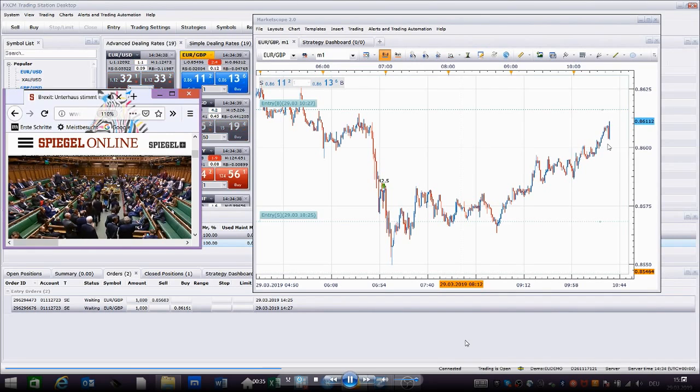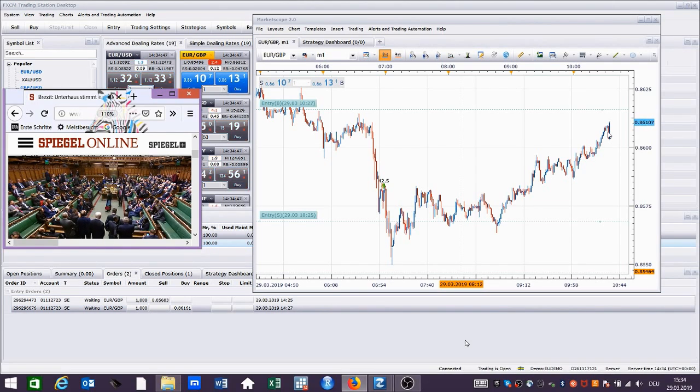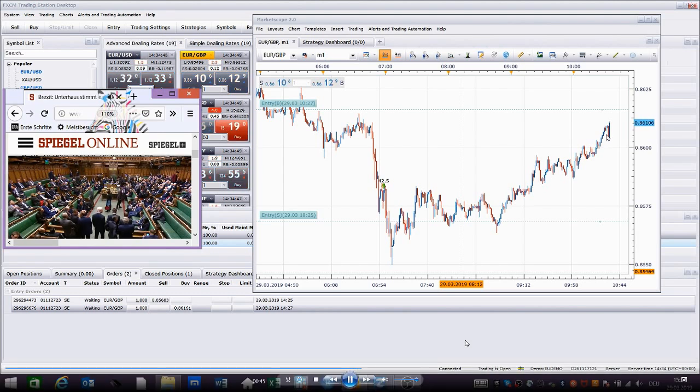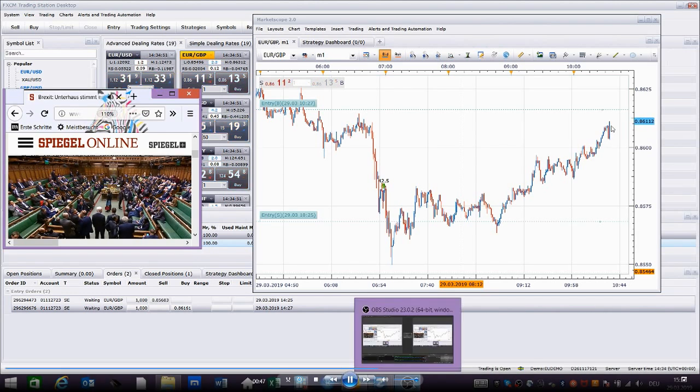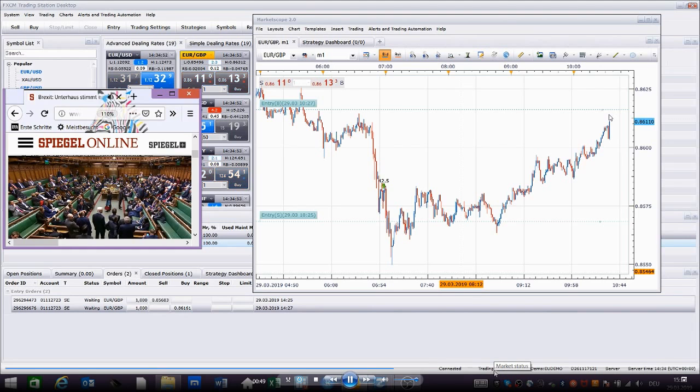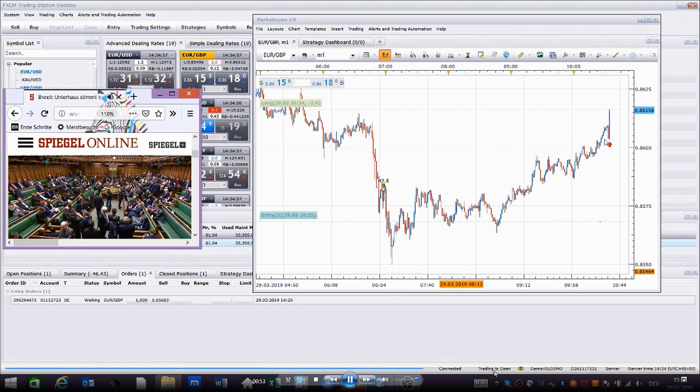But look at this point. It seems that the exchange rate is moving upwards already before the outcome of the vote is announced. The British pound is weak, and perhaps the upper bound will be reached. Now the upper bound was reached.